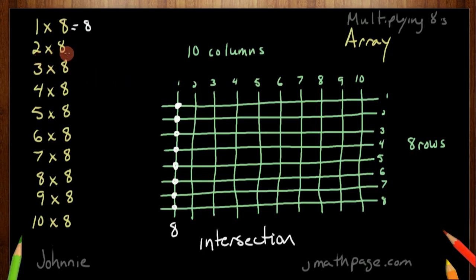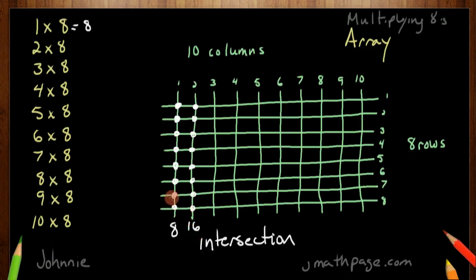What about 2 times 8? Well, that means I have 8 rows, 2 columns, or 2 columns, 8 rows. Well, here is a second column, so let's add all of these intersections. Okay, I had 8 before, now I've added 1, 2, 3, 4, 5, 6, 7, 8, or if I count on, I've got 8, 9, 10, 11, 12, 13, 14, 15, and 16 intersections altogether.